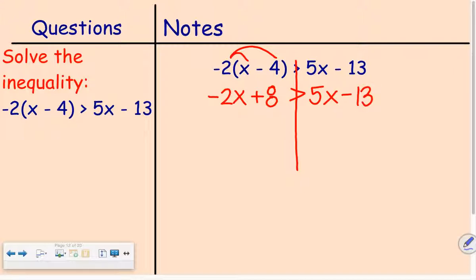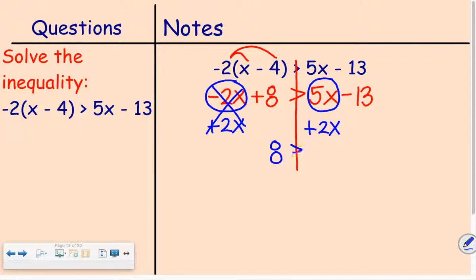Now I can go ahead and circle my variables and get them on the same side. So I can either add 2x to both sides or subtract 5x from both sides. Down to 8. 5x and 2x make 7x.